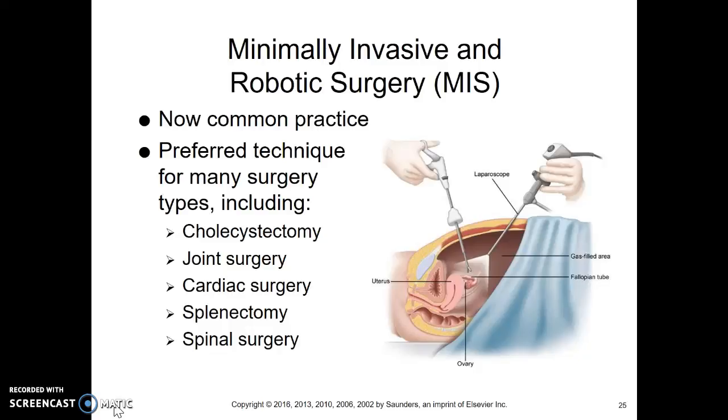In this case you can see they're using gas to blow up the abdominal cavity, and that makes it easier for them to see different structures and organs in there. Then through the scopes themselves, they're able to do procedures with little tiny mechanisms that are inserted through the scopes to remove tissue, cauterize vessels, and do things like that and complete the case.